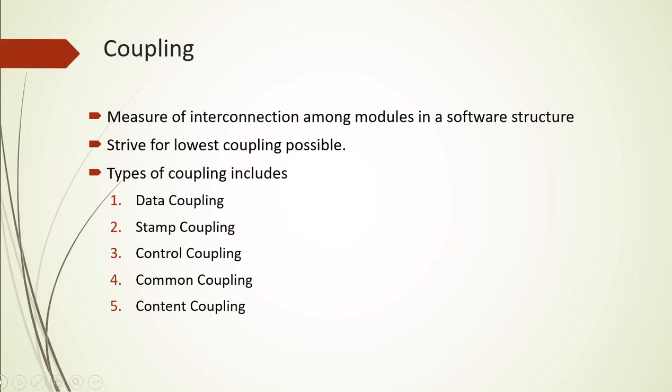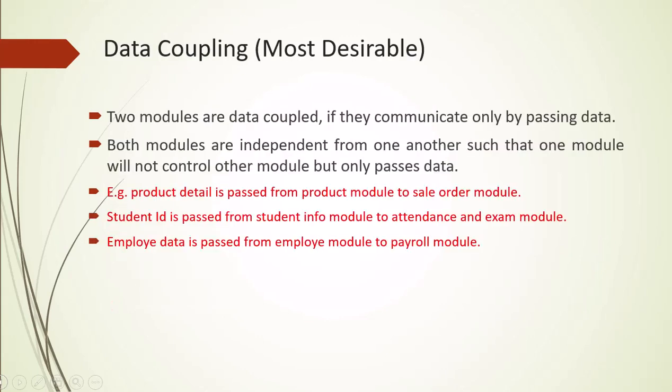Types of coupling. These are the 5 coupling types which will be discussed in this video lecture. The first, which is the most desirable and most used coupling type, is data coupling, where two modules are data coupled if they communicate by passing data.